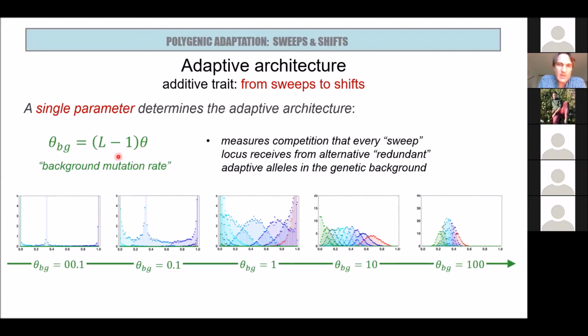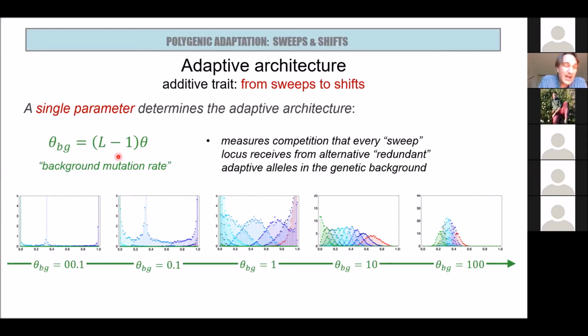Why L minus 1? Well, if we look from the point of view of each single adaptive allele that happens at a certain locus, right? Then this single adaptive allele wants to run its course to full fixation maybe, but it gets competition, right, from alleles that occur at other loci.